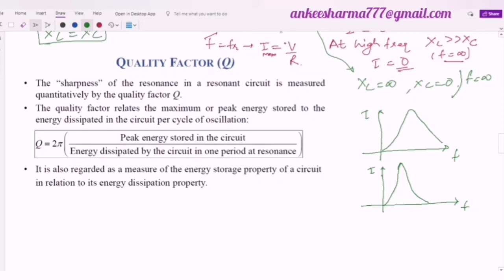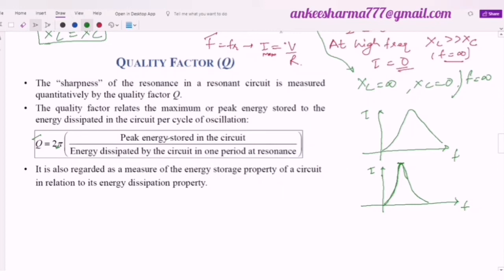This quality factor relates the maximum peak energy, corresponding to this point, which is stored in it, to the total energy dissipated in this cycle or in this resonant cycle. So from here we can define this quality factor Q as equal to 2 pi into the peak energy stored in the circuit divided by the energy dissipated by the circuit.